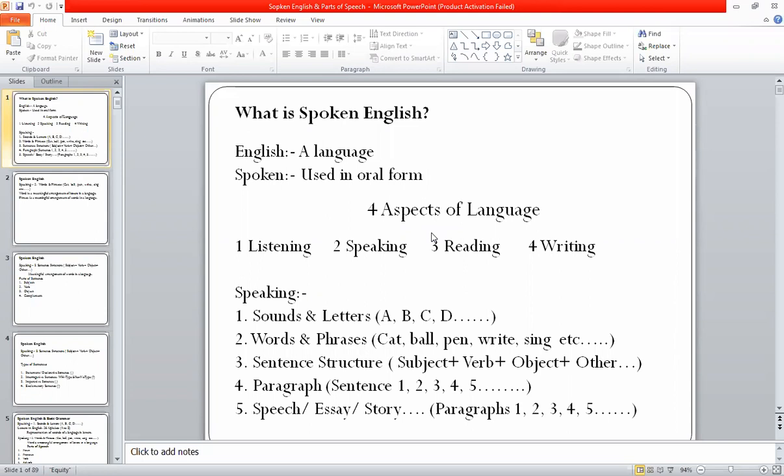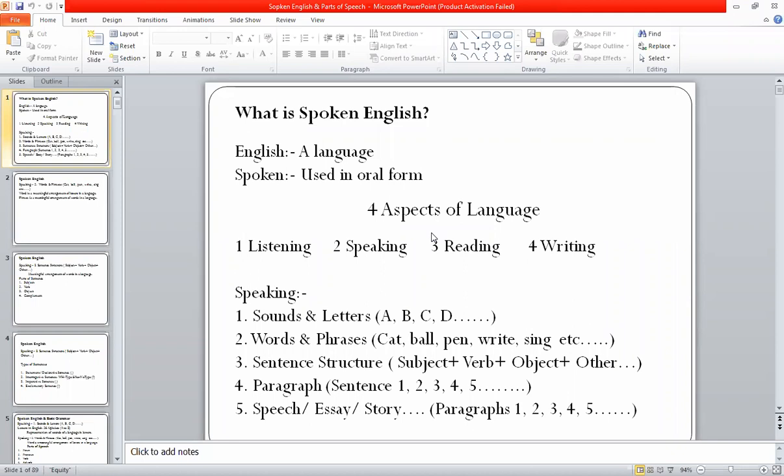A native speaker, or Britishers, first start speaking this language after listening to it. So listening comes first. Any student should first listen to the person who is speaking to us, who is telling us in the English language.